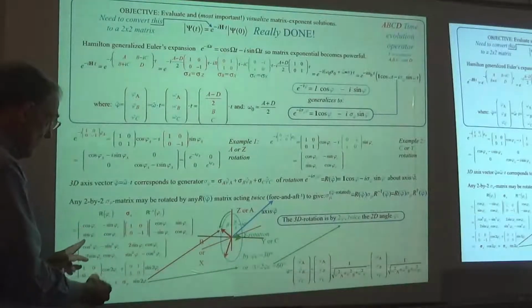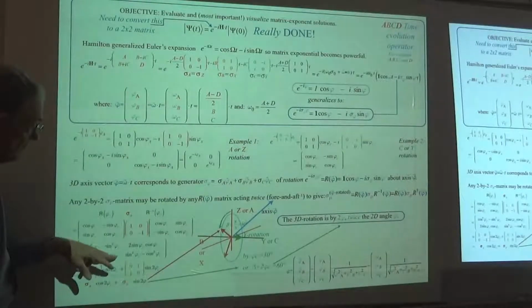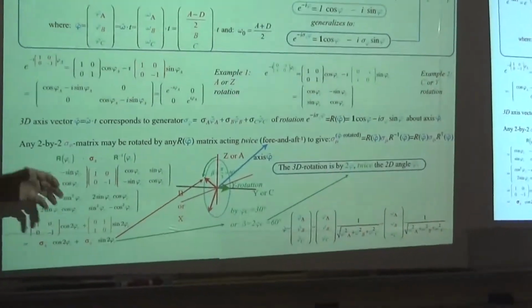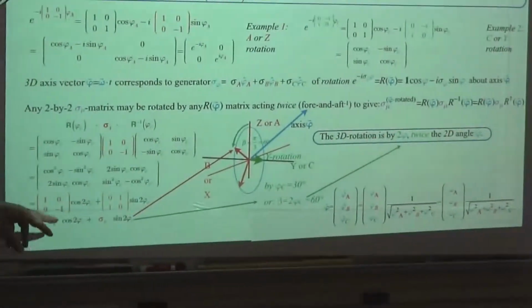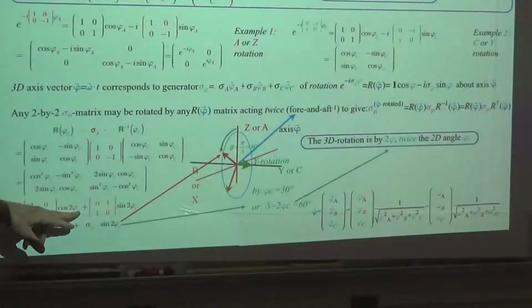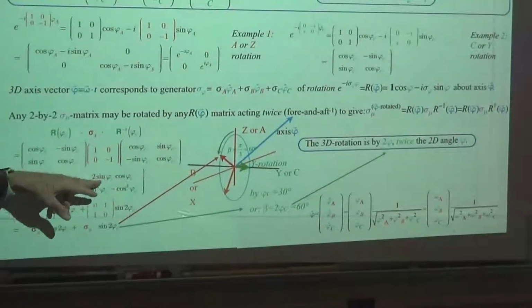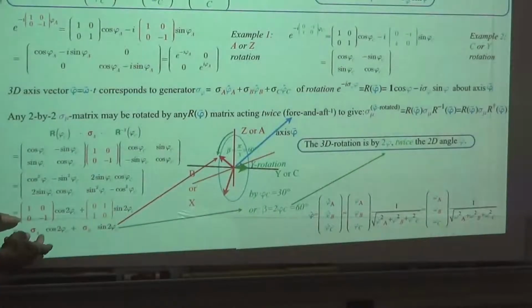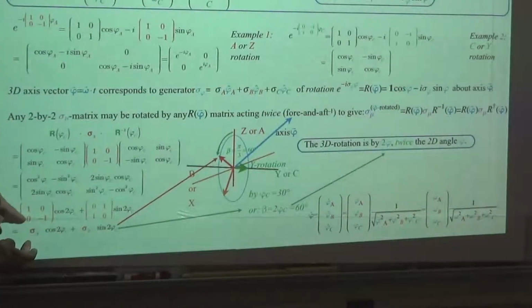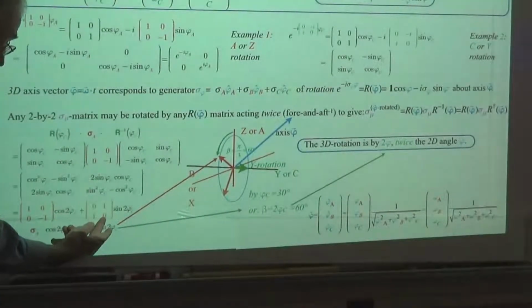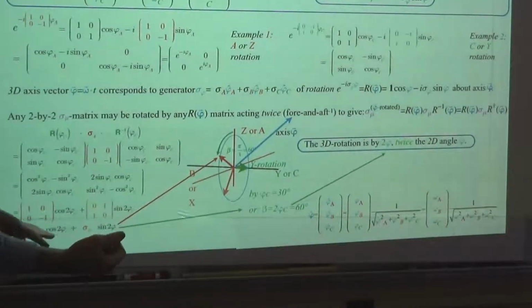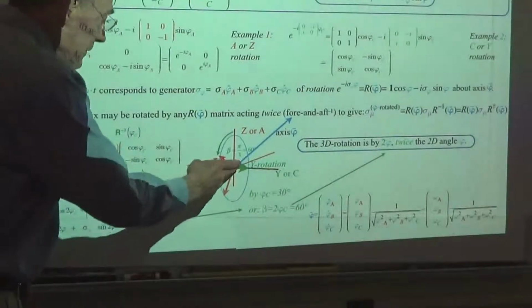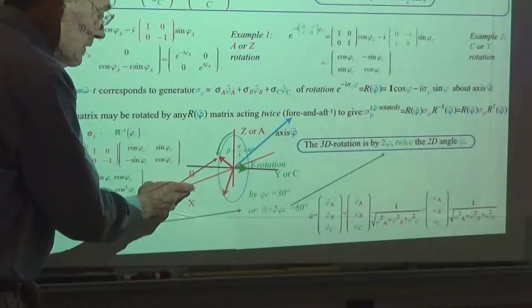So put these two together, and it looks like a mess at first, but then you recognize cosine squared minus sine squared is a cosine of 2 times the argument, and then that's a sine of 2 times the argument. So what you're getting is a linear combination of the A and the B. That's the A for z-axis and B for x-axis.